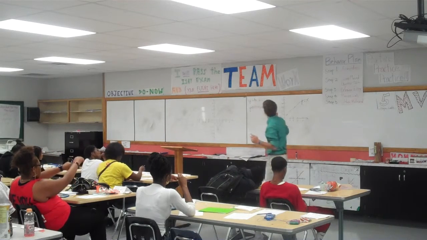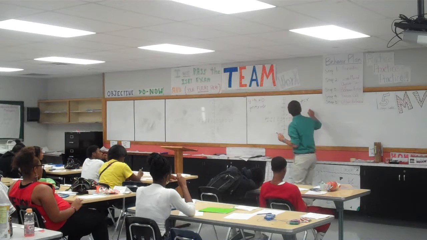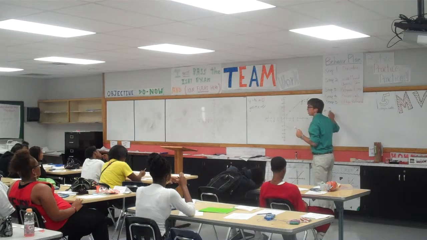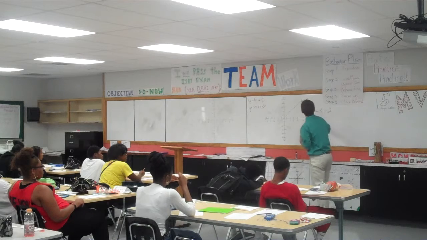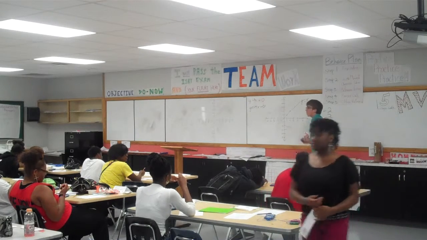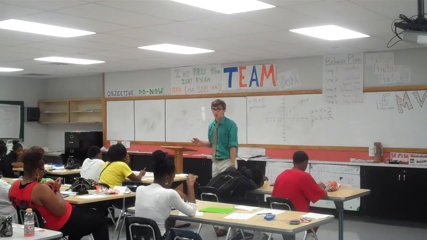Okay, but now we're going to change something. So now we have 2 more, and I want you to write these 2 equations next to the graph on the top of your page. So everyone needs to be writing these 2 equations next to the graph on the top of your page. Y equals x plus 2, y equals x minus 2. Everyone get those written down.